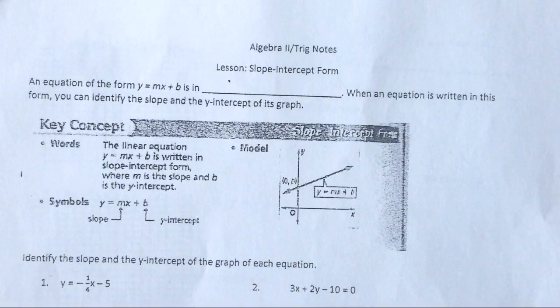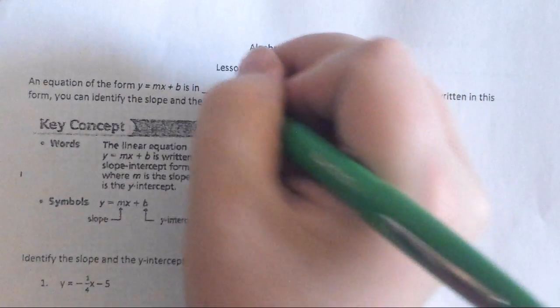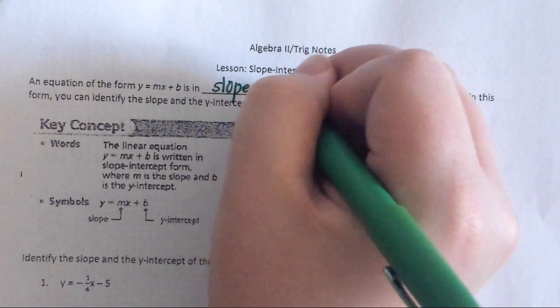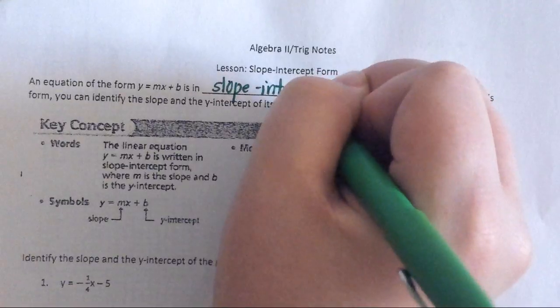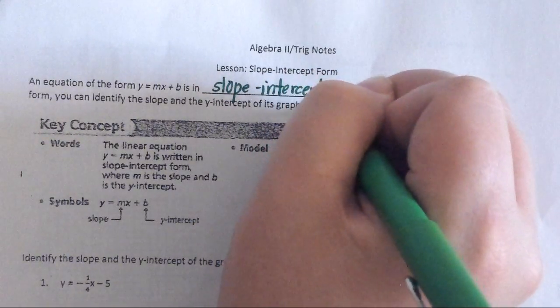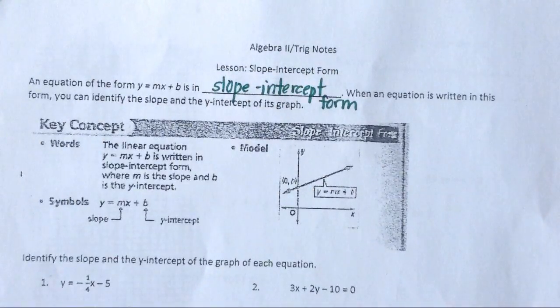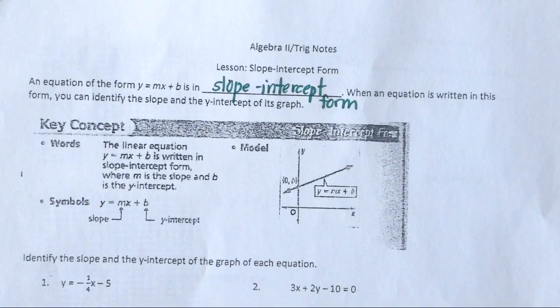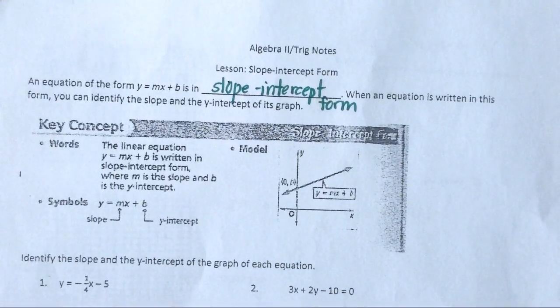So an equation of the form y equals mx plus b is in slope-intercept form. And when an equation is written in this, you can easily identify the slope and the y-intercept of its graph. Is there anyone in the room who's never heard of slope-intercept before? I didn't think so. So today should be an easy day.